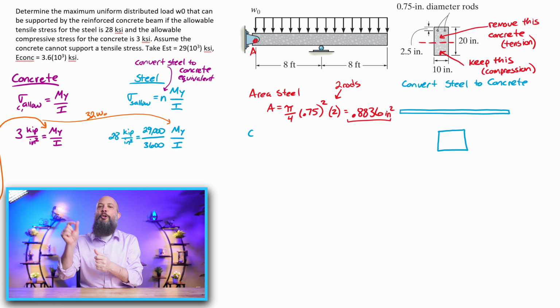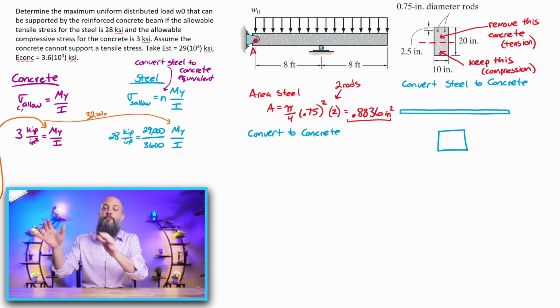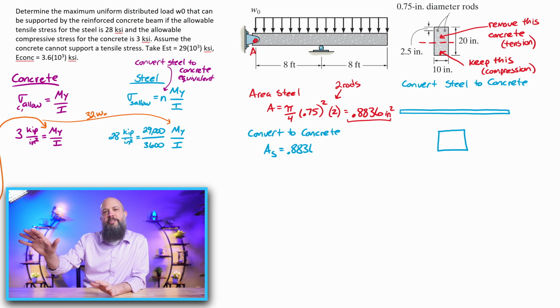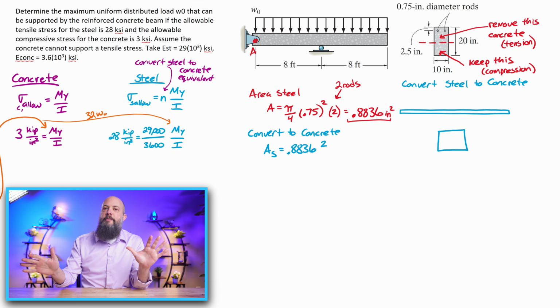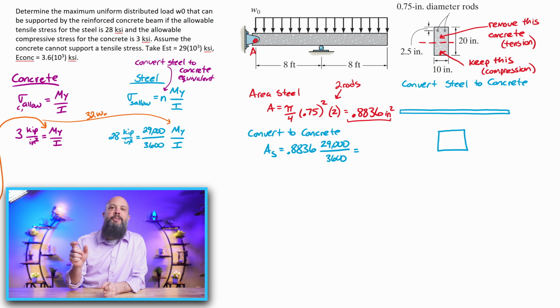So the steel reinforced concrete, the reason for that steel is to hold all of the tension, because we have to ignore the concrete and assume conservatively that the concrete doesn't hold tension. So the area for the steel is just pi over 4 times diameter squared, multiplied by 2 because there are 2 different rods. 0.88 inches squared is the cross-sectional area of the steel. But we have to convert that to an equivalent amount of concrete.